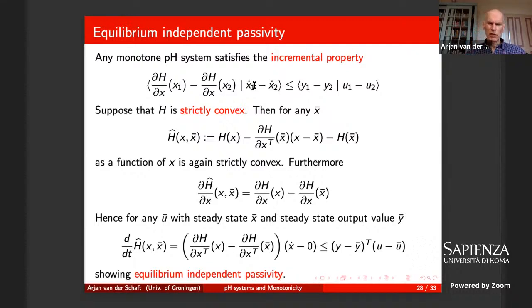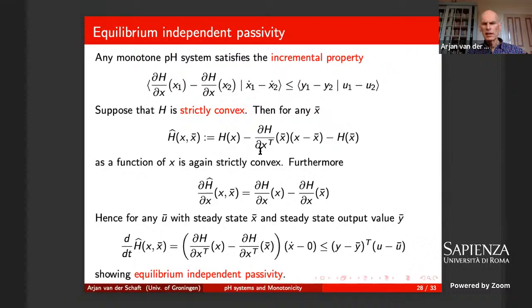Now, what you see is if you additionally assume that the Hamiltonian is strictly convex, then we can define what is called in convex analysis the Bregman divergence.